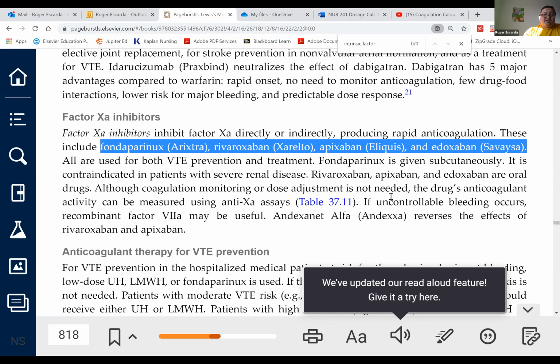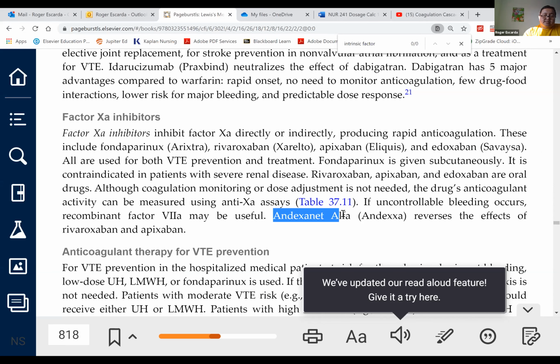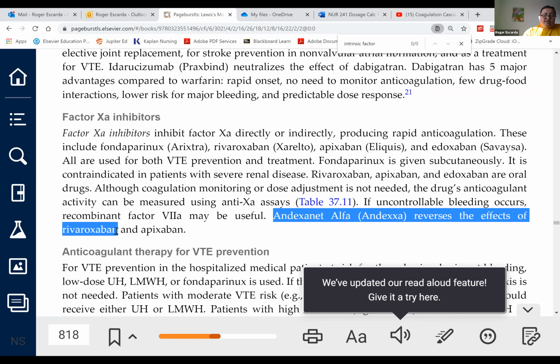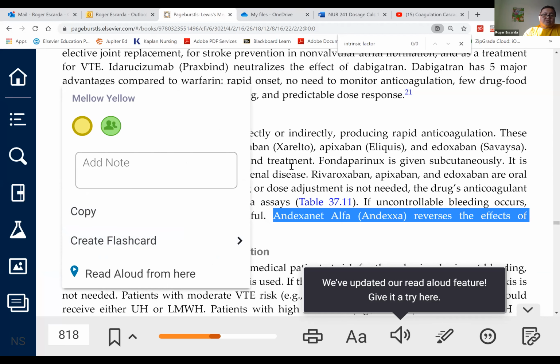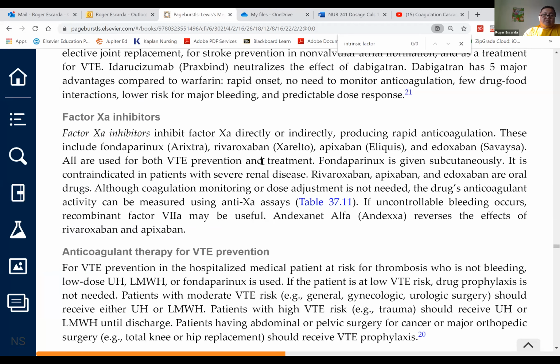However, not all of them have antidotes. This antidote is only for Xarelto, and apixaban is Eliquis. Okay, so only 2 of them have antidotes. So if you bleed from the other drug, good luck. Okay, because they have no known antidotes.